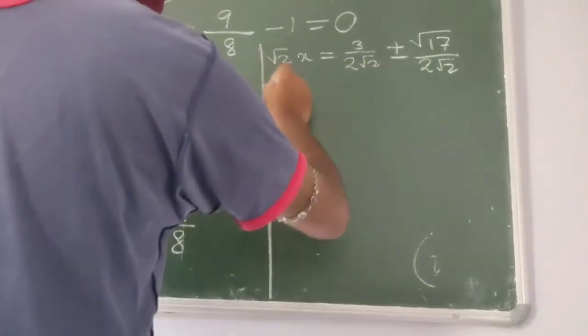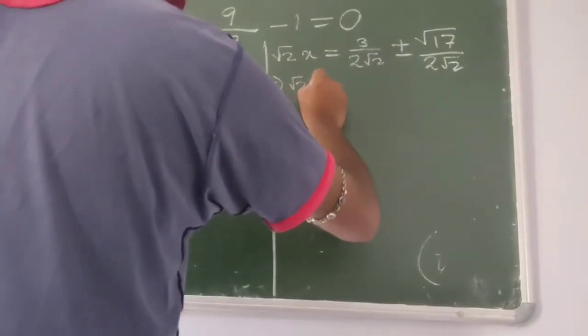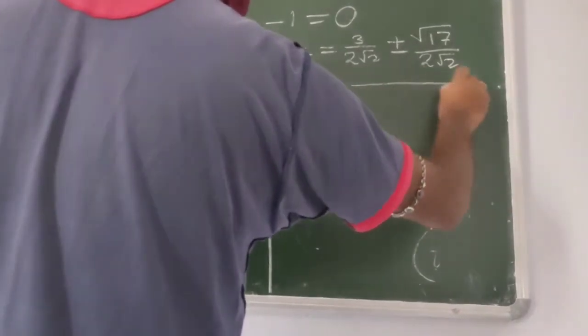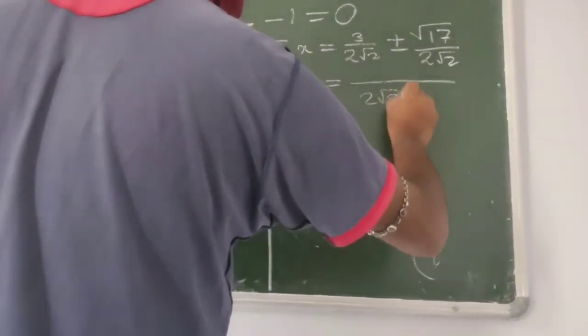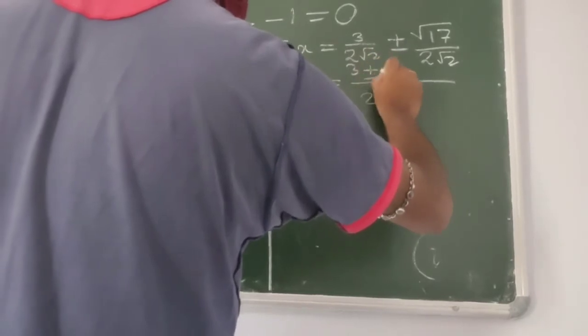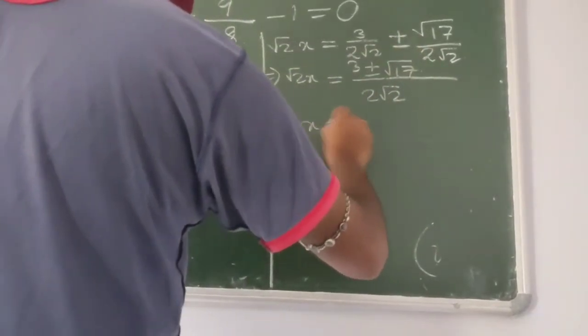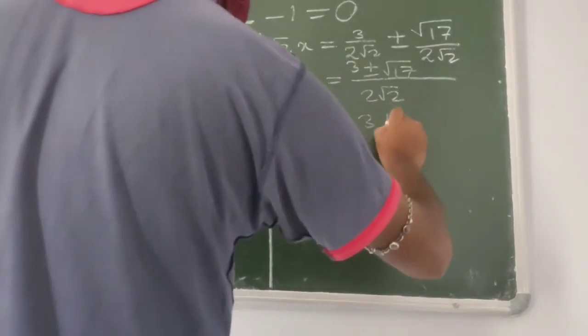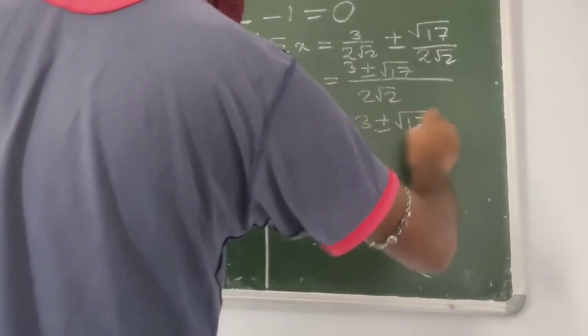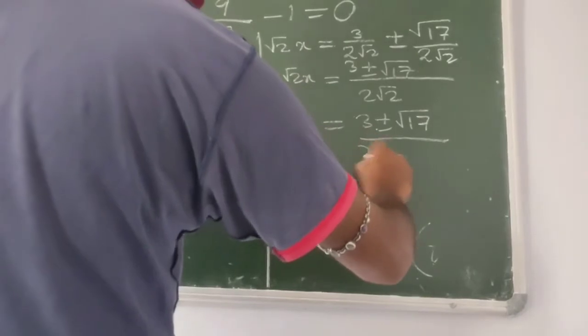Now if you take LCM, root 2x, it is 2 root 2, it is 3 plus minus root over 17. Then x will be equal to 3 plus minus root over 17 by 2 root 2.